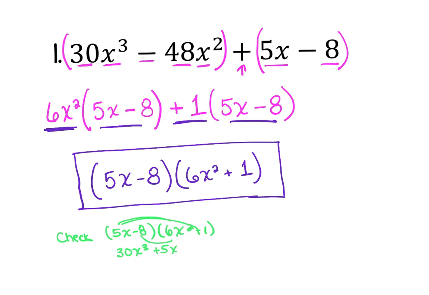Negative 8 and positive 6 give me negative 48x squared. And then negative 8 and positive 1 gives me negative 8. When I put that in standard form, I get 30x cubed minus 48x squared plus 5x minus 8, which is exactly what I started with. All right? So I want you to try number 2.